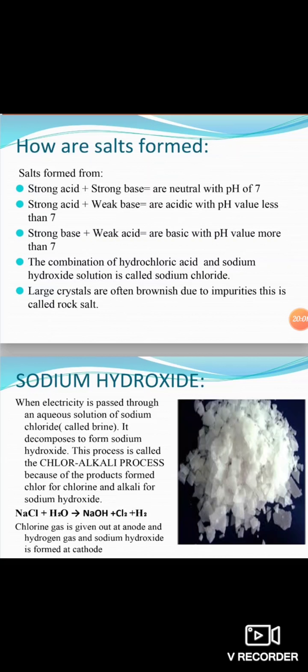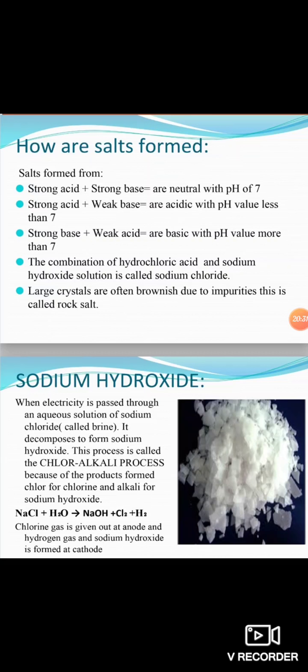So observe this equation. Sodium chloride, one of the salts, reacts with water to give sodium hydroxide, chlorine and hydrogen gas. Chlorine gas is given out at the anode, and hydrogen gas and sodium hydroxide are formed at the cathode.